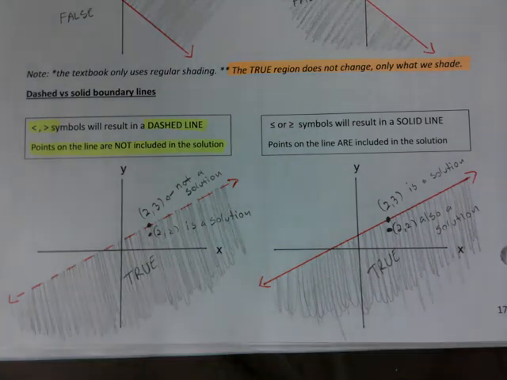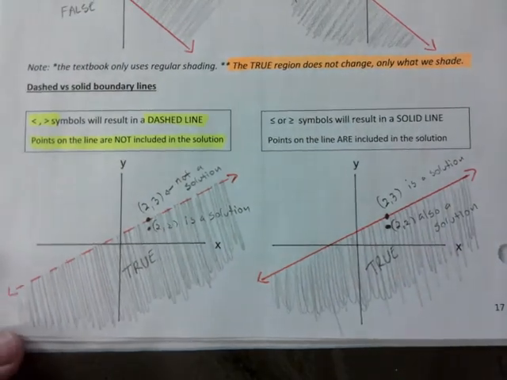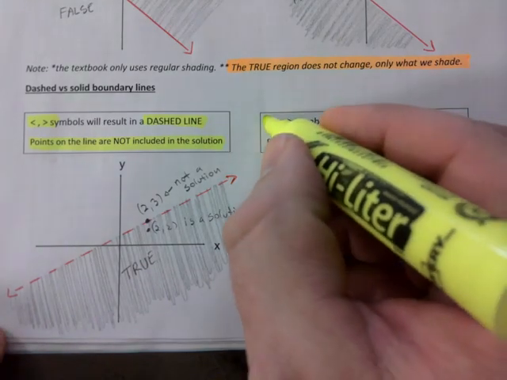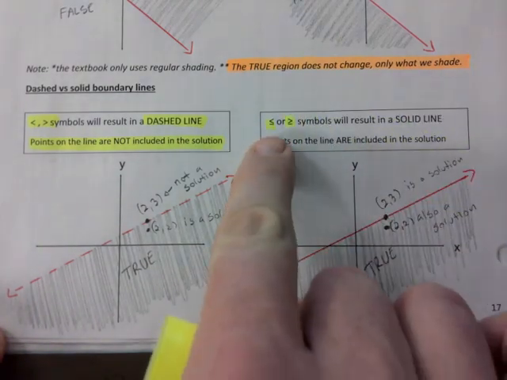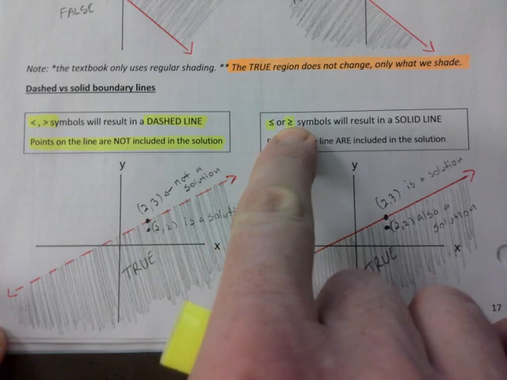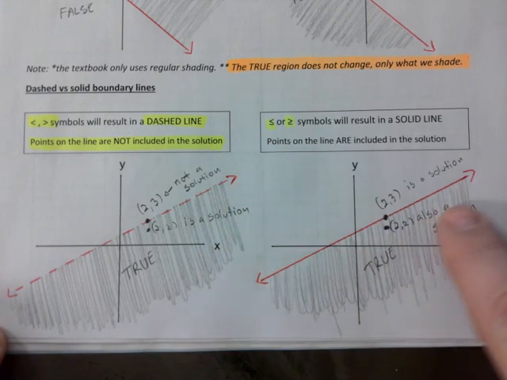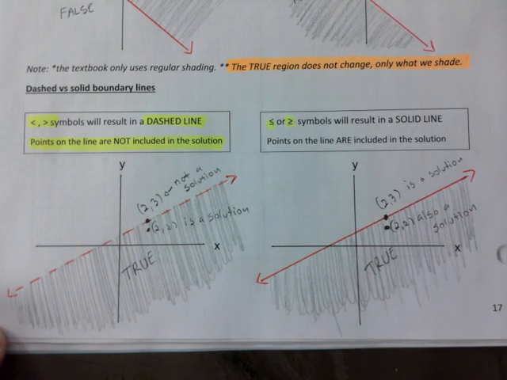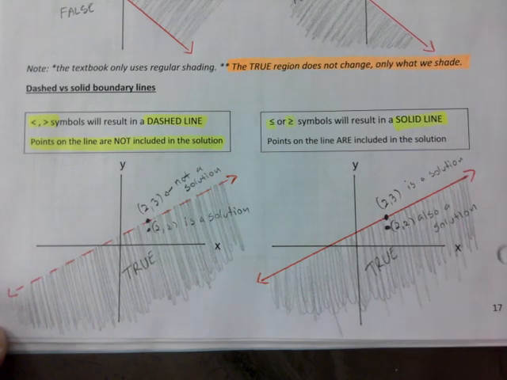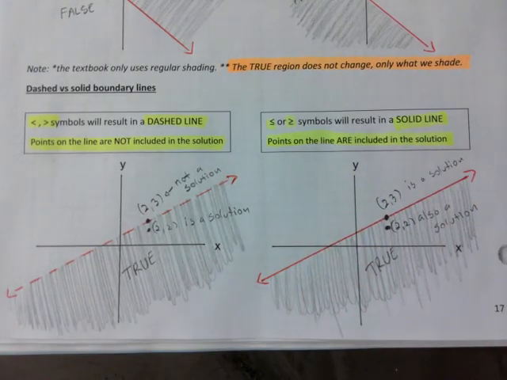What's the difference between these two scenarios? In this case, we had the equal sign underneath. See how it's less than or equal to, greater than or equal to? The equal to tells you that the boundary line is also included. So it'll be a solid line, and points that are on the line are included in the solution region.